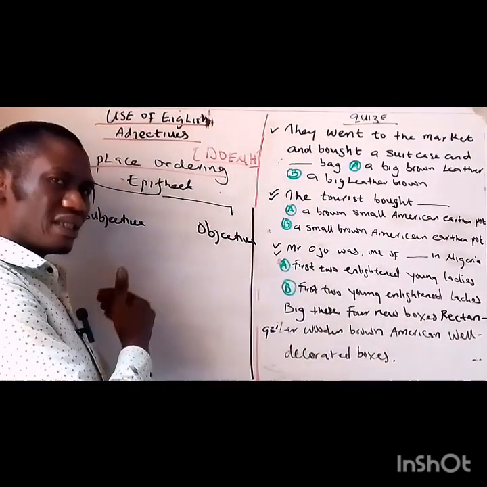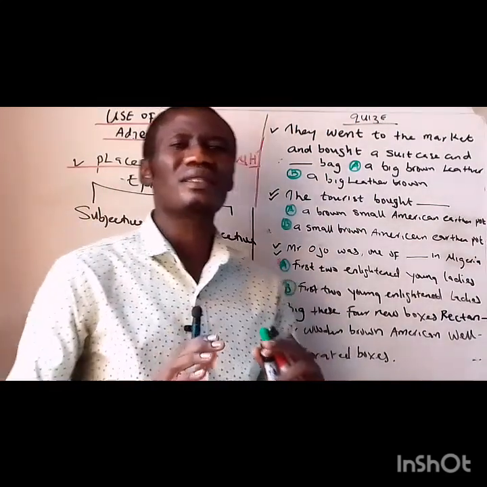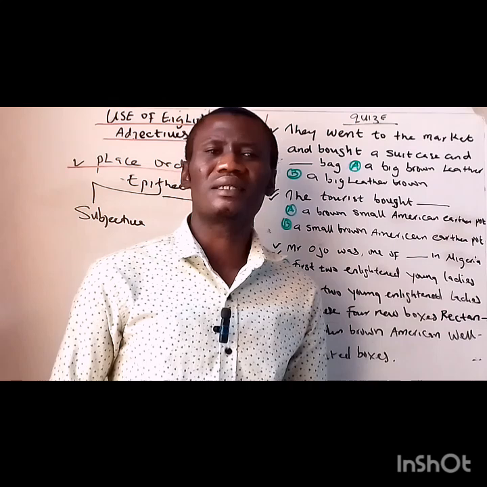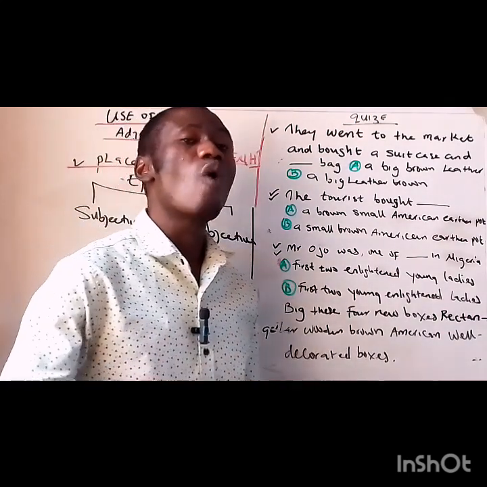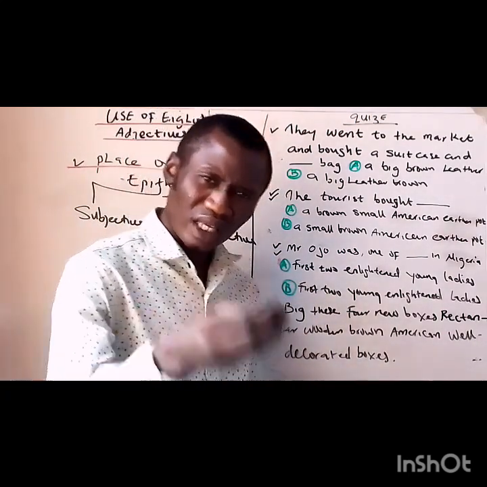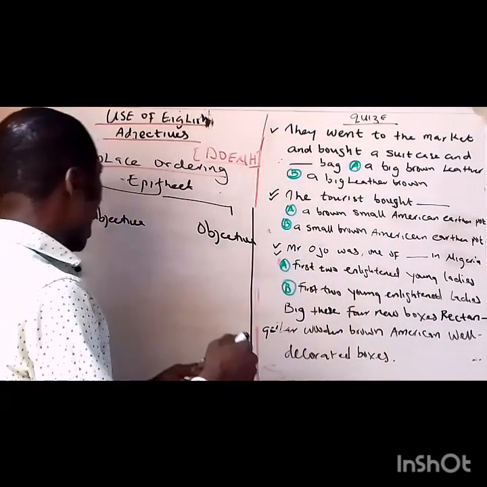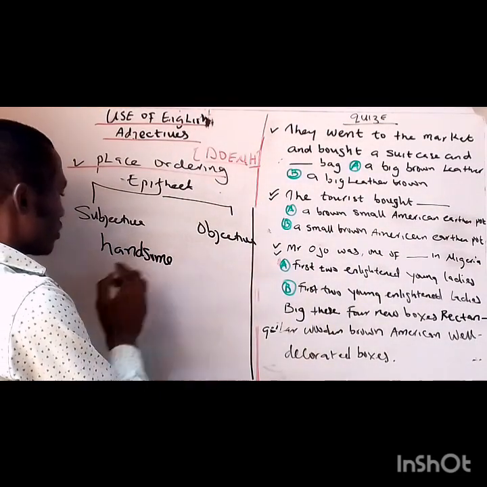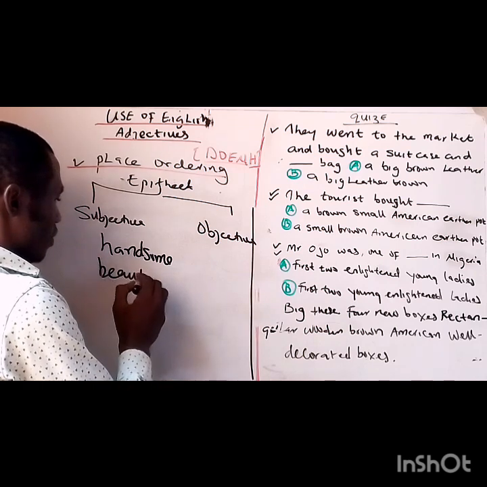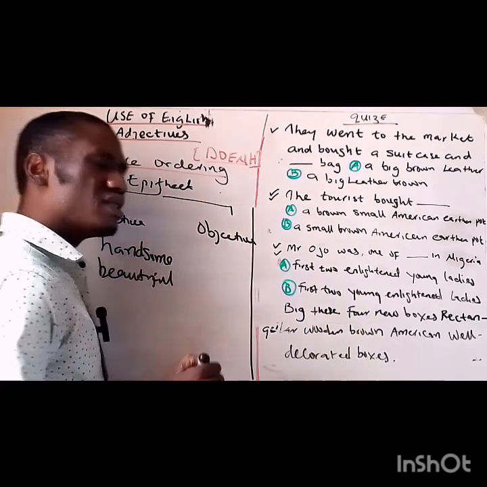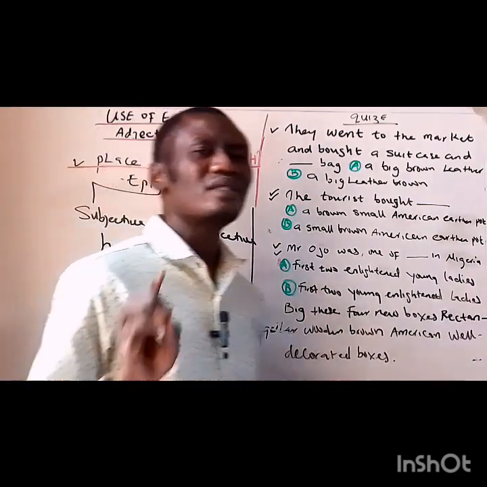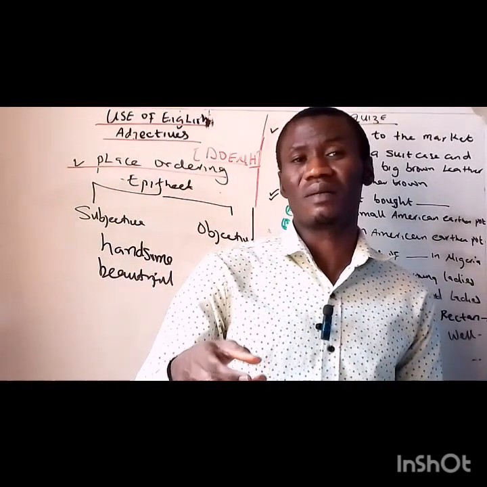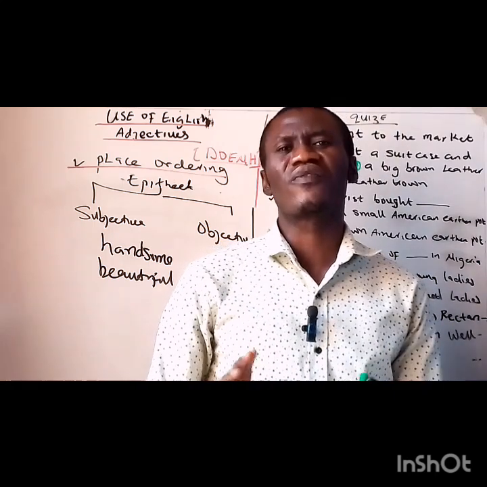But for the subjective, this one depends on the perception and the parameter of measurement of different individuals. For instance, you have handsome, beautiful. Now, handsome and beautiful depend on the perception or the parameter of measurement of different individuals.